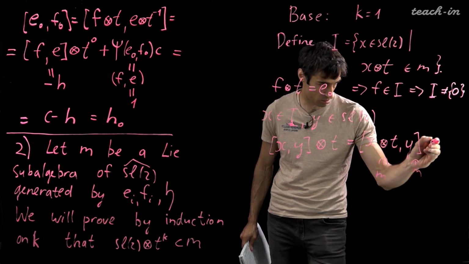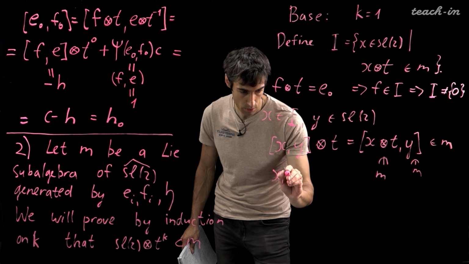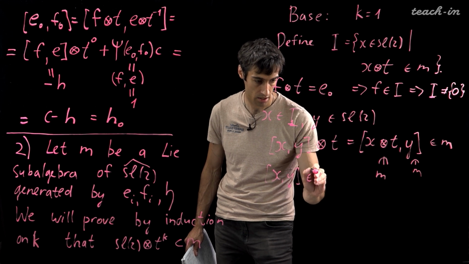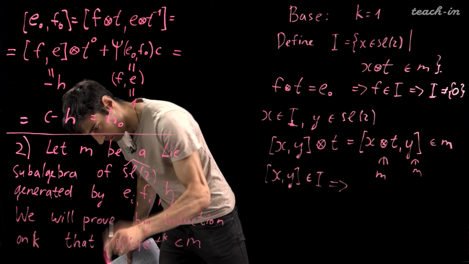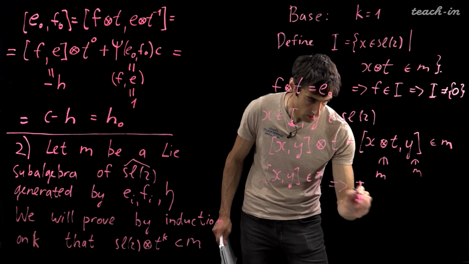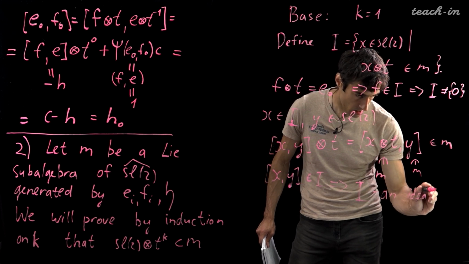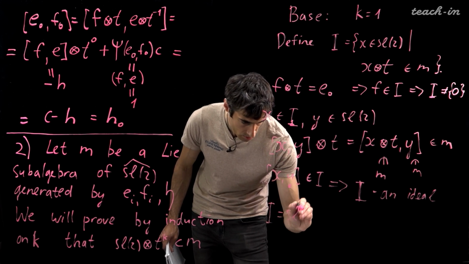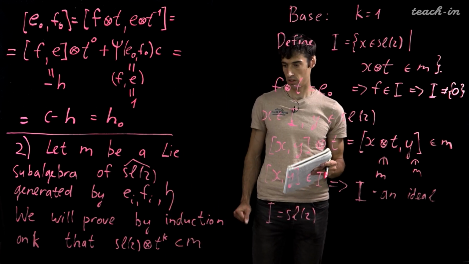So therefore the whole thing belongs to M. So therefore the commutator of X and Y is in I. So therefore I is an ideal. And as I said, then I equals SL2. So therefore the base is checked.